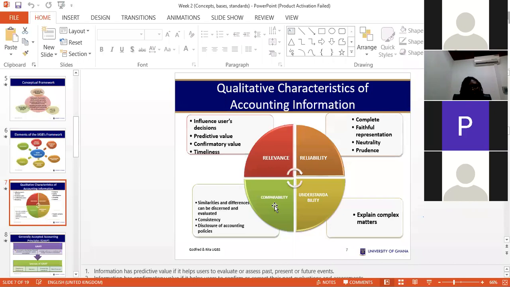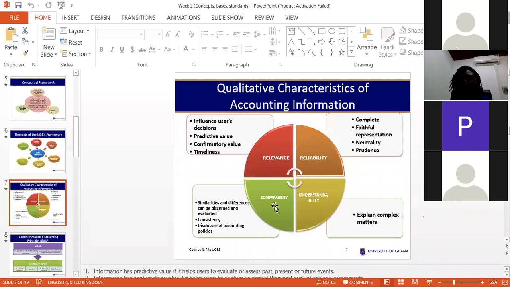So we can compare our information for previous year, we can compare even over time, 3-4 years. But in order to do that, we need to apply consistency in the rules that we have used in preparing and putting together the information.